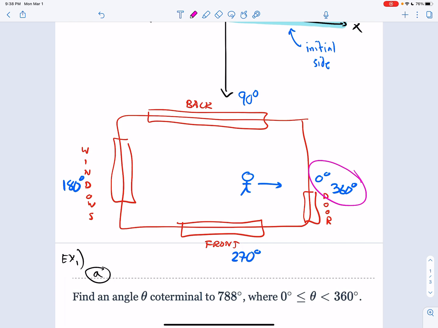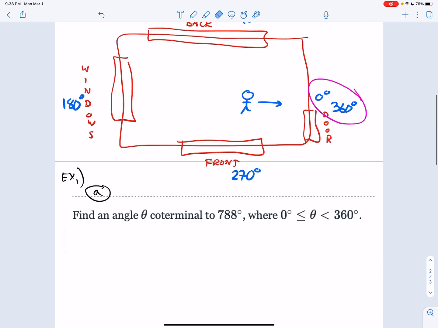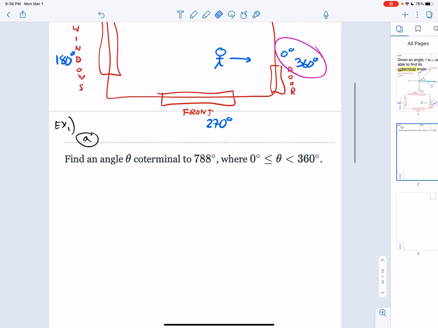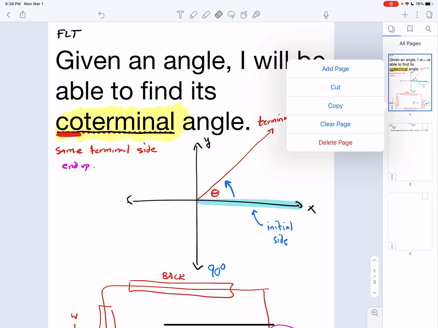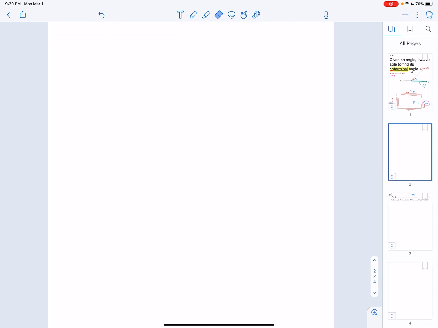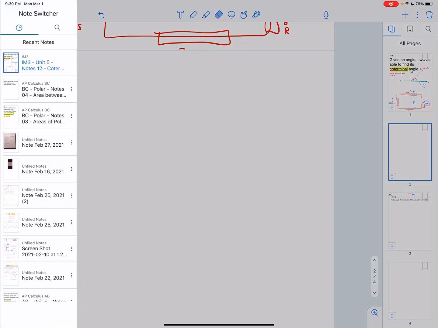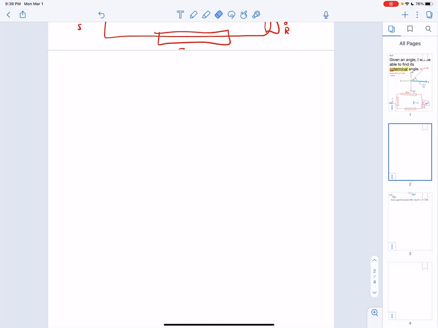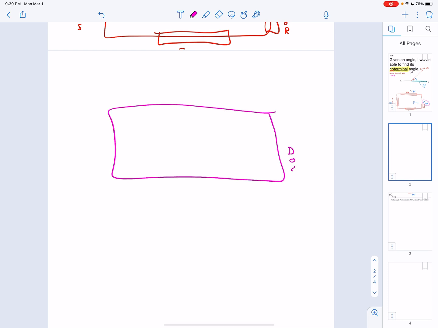Let's say I was facing 90 degrees. Okay, and we'll use the same room. We got the door, we got the front, we got the back, and we got the windows.